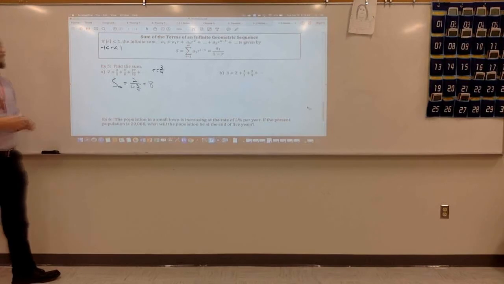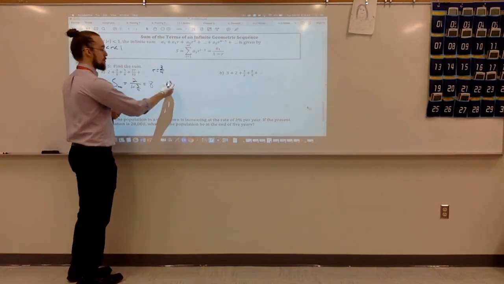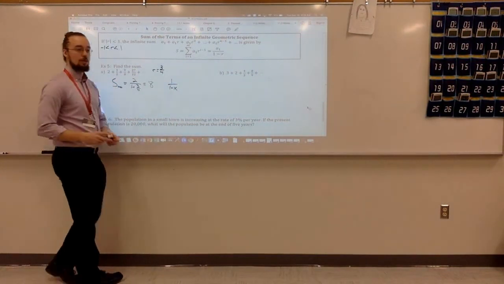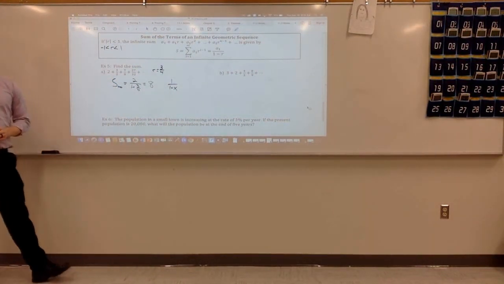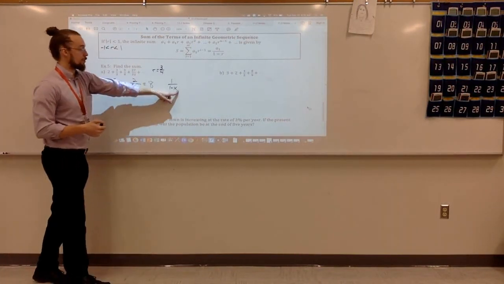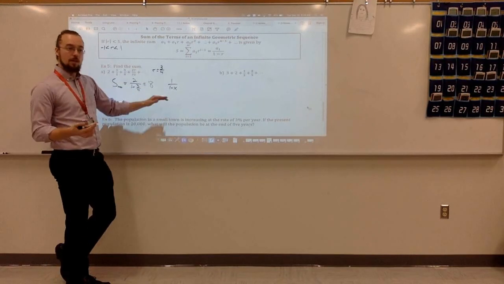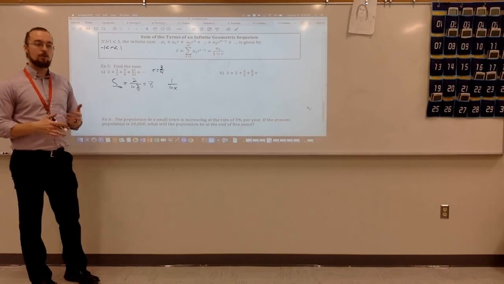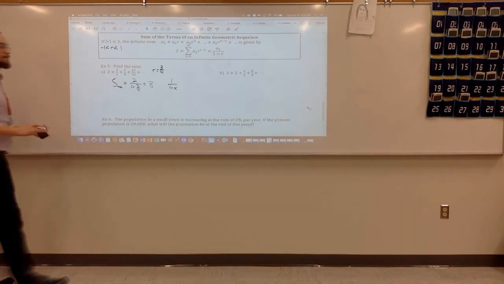Just like we have some function like 1 over x. You can only do it because it's decreasing. Exactly. It's only because it's getting smaller and smaller. We're just adding a smaller number every single time. Just like if we had a function like this and we graph it, there's an asymptote, right? We're getting closer and closer to a value, but never actually reaching it.